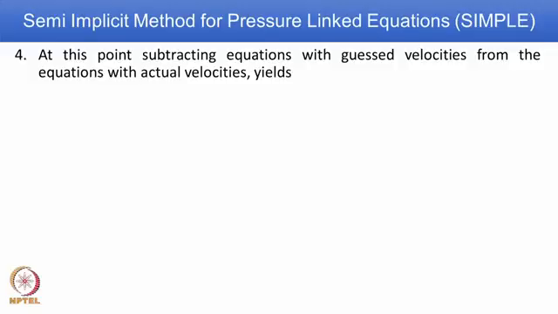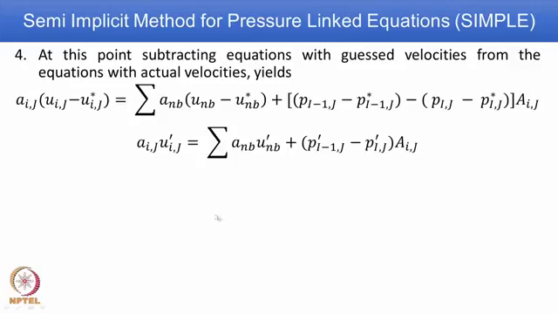the discretized Navier-Stokes equation is the same. Suppose you had used the actual velocity as well as pressure field in the discretized momentum equation, and you now have the discretized momentum equation written with the guessed pressure and velocity field. If you subtract one from the other, then you get the correction pressure as well as the correction velocity, and that is what is shown here.